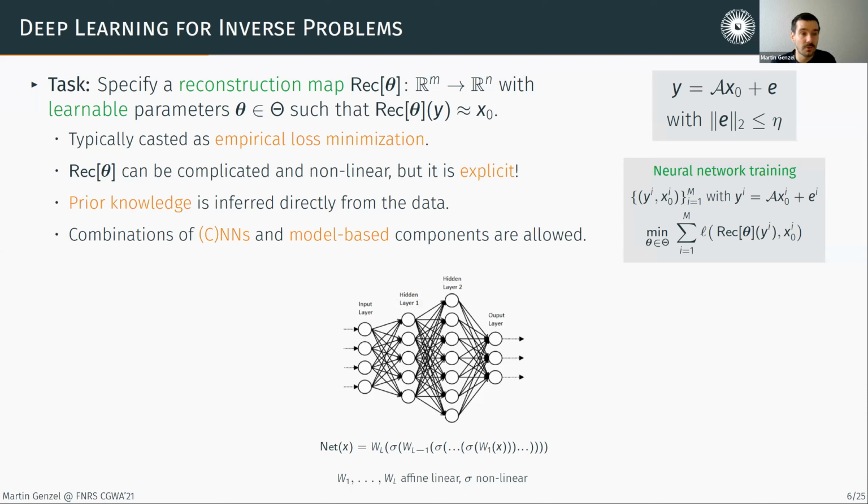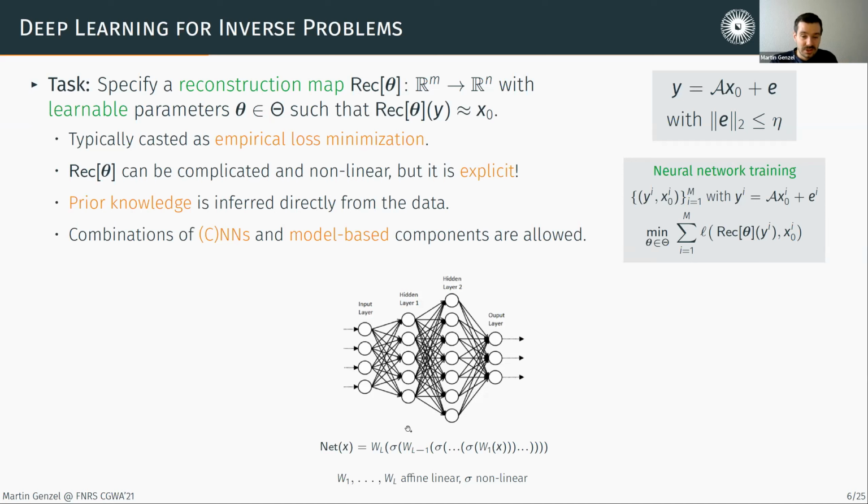So that's a huge difference to classical variational approaches, where you often have to solve some more complicated optimization problem. And also what is, I think, quite different here is that typically there's no prior knowledge about your inverse problem involved. So you try to infer directly from the data the prior knowledge about the kinds of signals that you're interested in, right? So that's the idea of data-driven mechanisms.